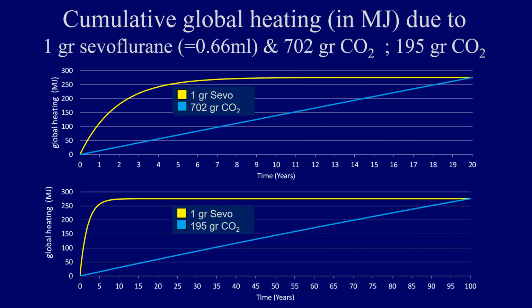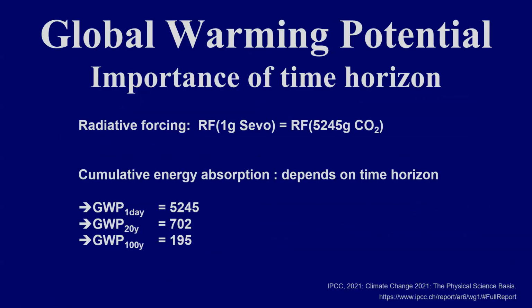If we would make the same calculation for a 100-year time horizon, we see that the total amount of energy absorbed over 100 years will not increase for sevoflurane, but for CO2, because CO2 remains longer in the atmosphere, we need only 195 grams to reach after 100 years the same amount of heat absorption.